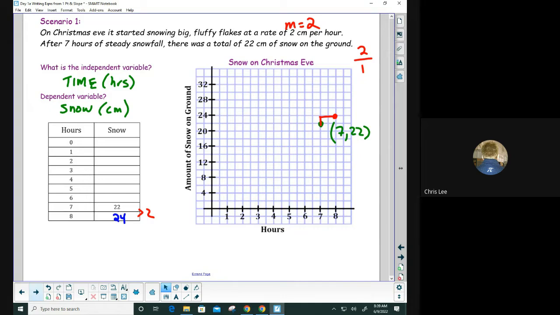We can go backwards. Most of the time we think about going forwards, going up by 2, up by 2, up by 2. Well, this goes up by 2, except we're at the 7-hour mark. Can we go backwards? Where were we an hour ago? At 20, that's right. And how about the hour before that? Before that?